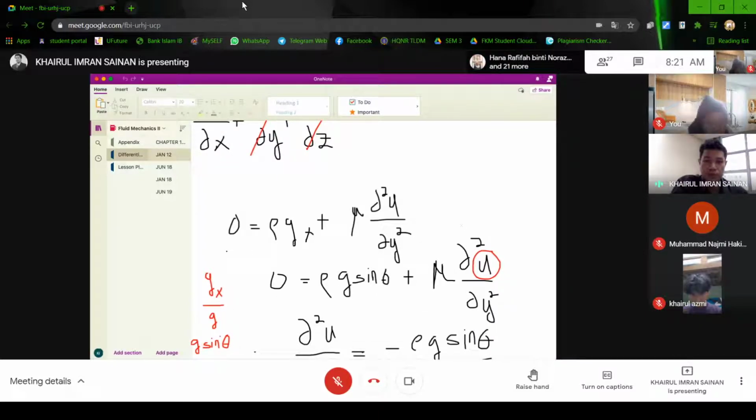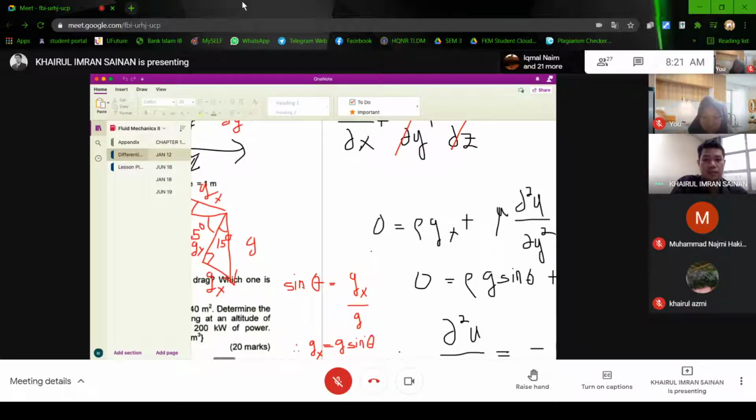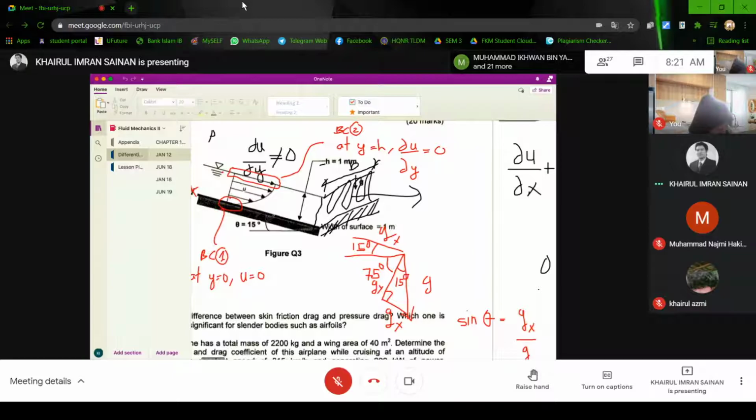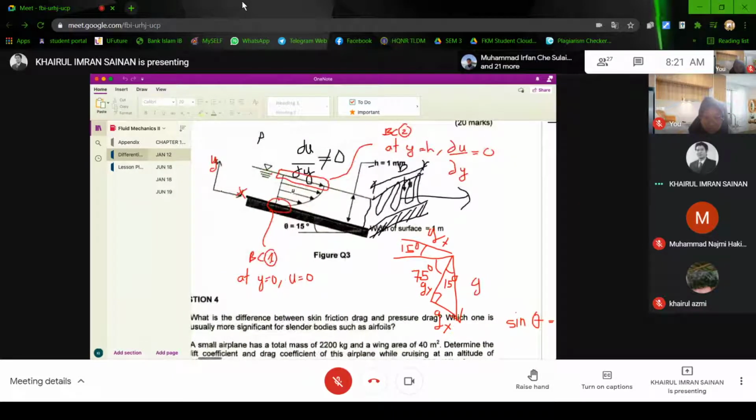Right. So next, what we do is we convert this one into g sine theta. So this is how we do the conversion. This is the gx component because of the gravity on the x-axis. Then you have a gravity on the y-axis.